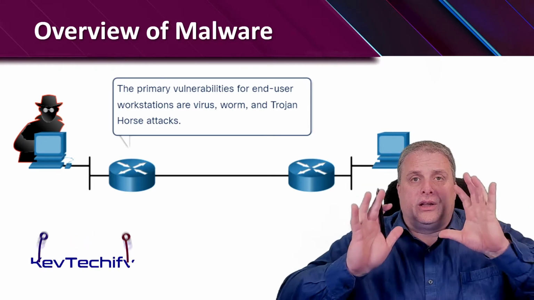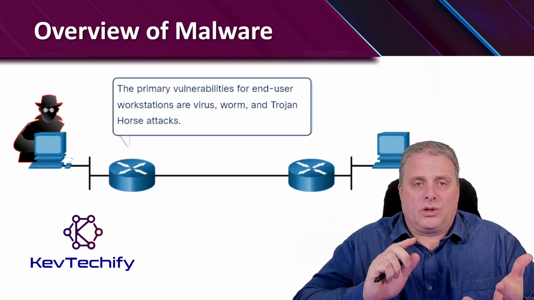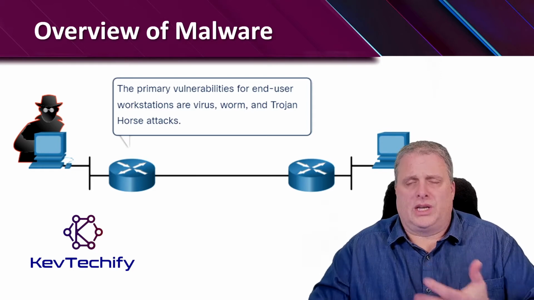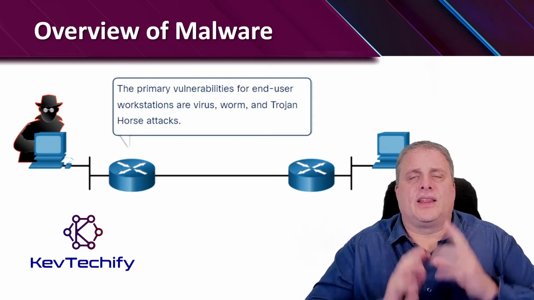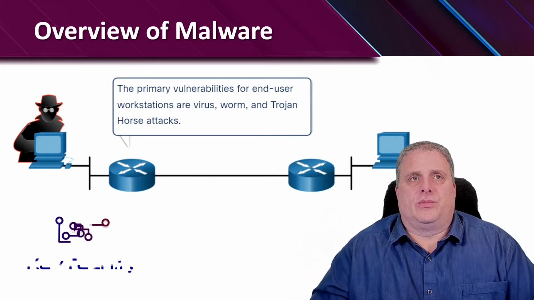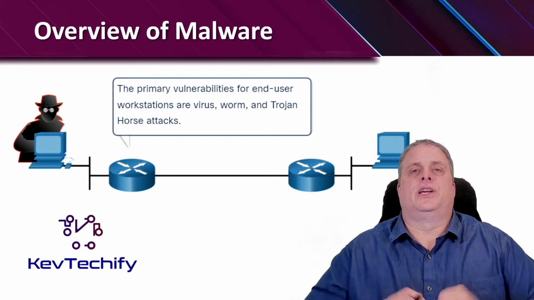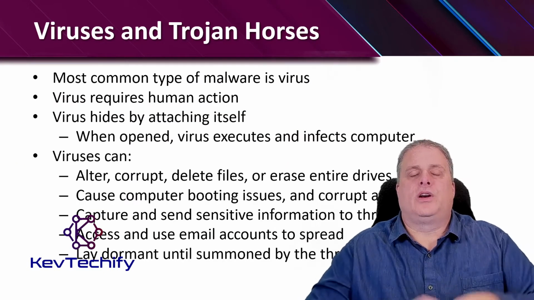Now, there are several vulnerabilities for end users, and we're looking at viruses, worms, and Trojan horses. Those are all different types of attacks that a threat actor uses to get into your system that exploits those security gaps. The most common type of malware is a virus.